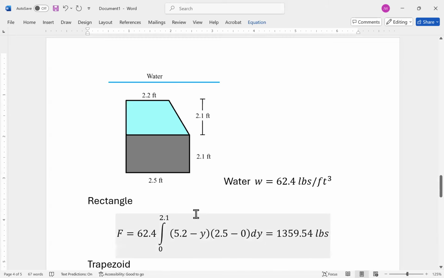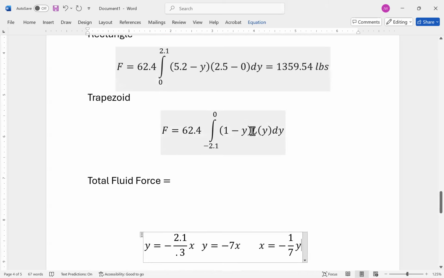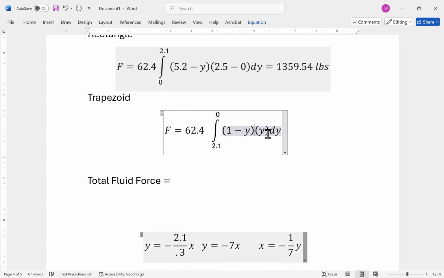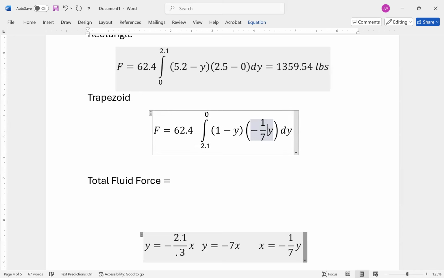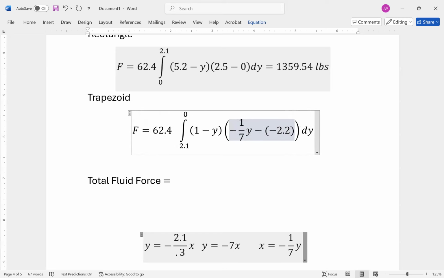And then the left-hand side, if I made my origin at this upper right-hand corner, is going to be 2.2 units to the left. So x equals negative 2.2. So my length of the rectangle goes from negative 1/7 y down to x equals negative 2.2.